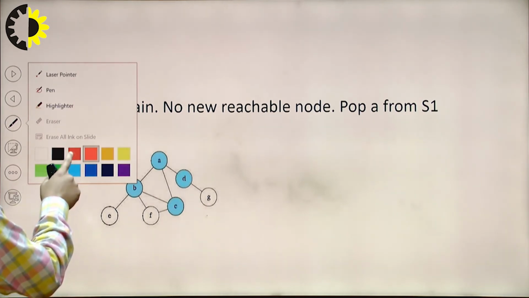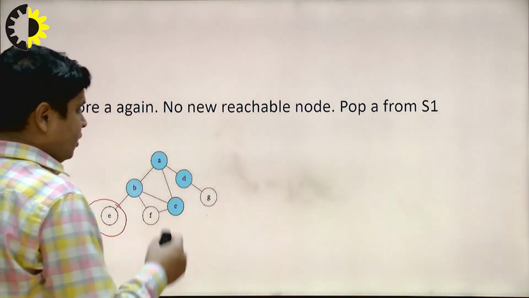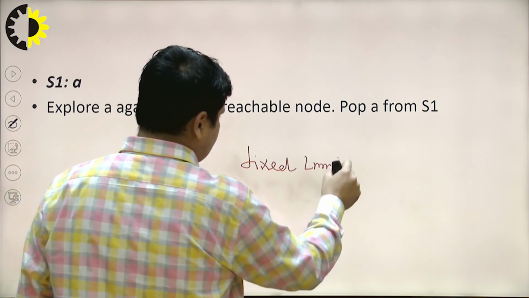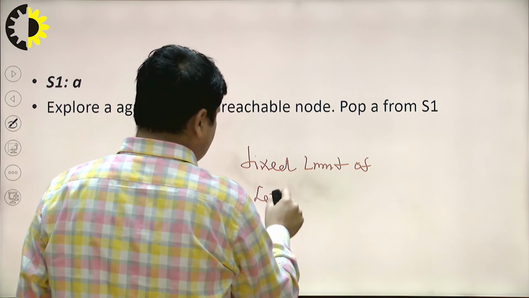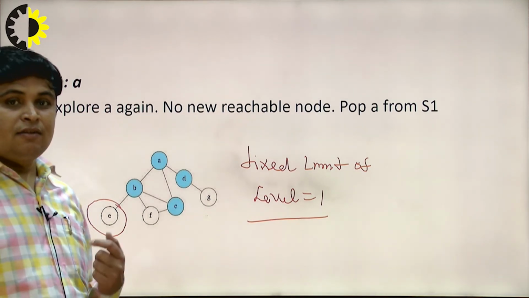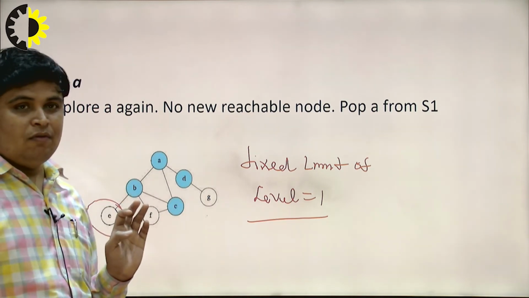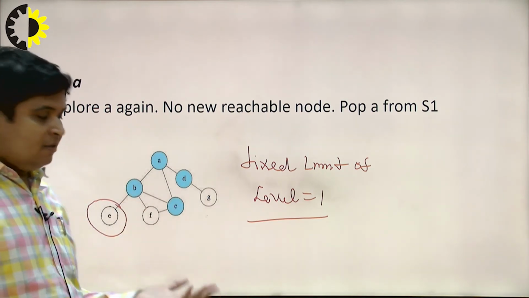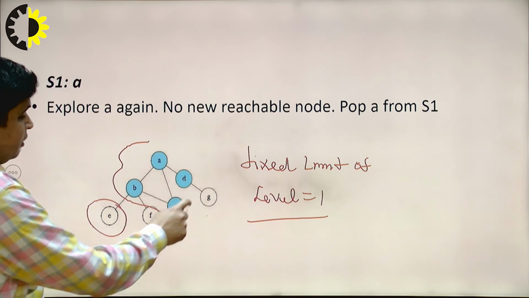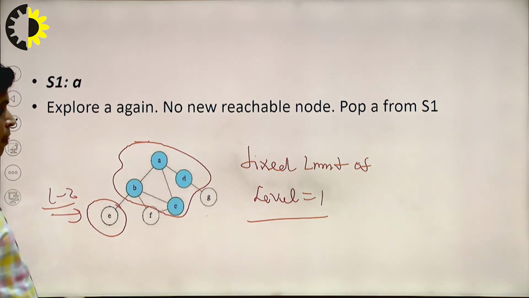But at the time of starting the search, I have fixed the limit of level at 1. I have fixed limit 1. There is no other way to increase the length. For that reason I have searched only this level, but my goal state is at level 2. That's why I have not found it.